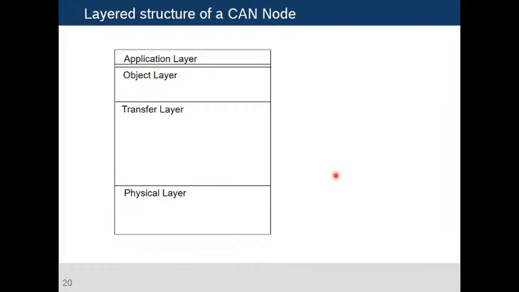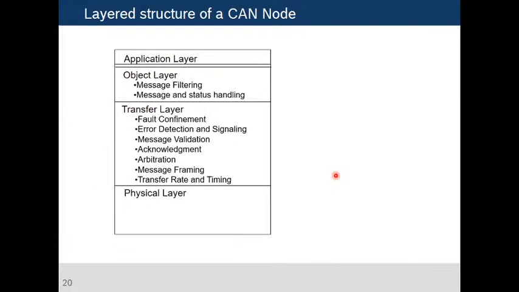Layered structure of a CAN node: application layer, object layer, transfer layer, physical layer. Totally we have 4 layers.